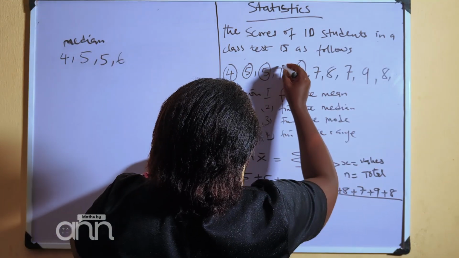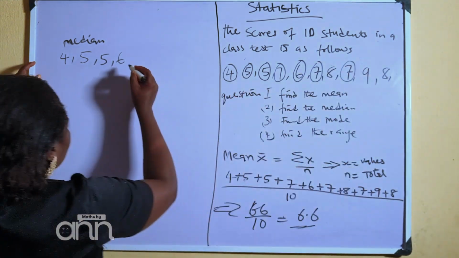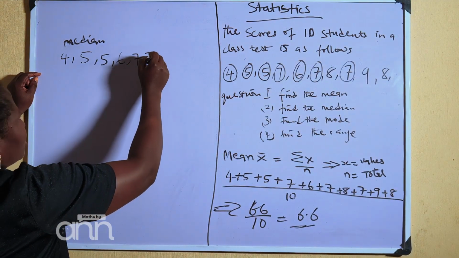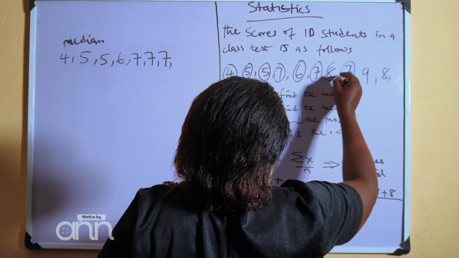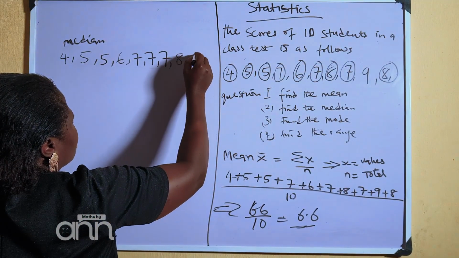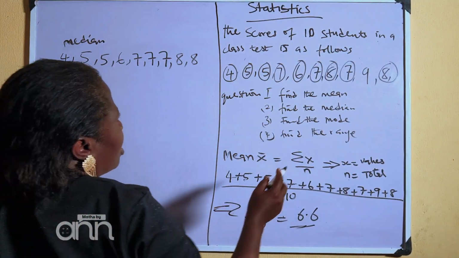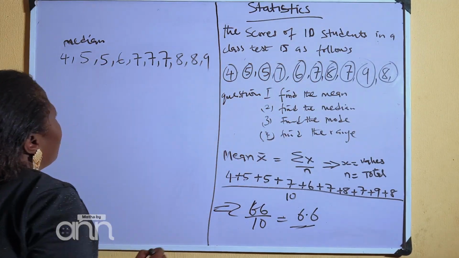Do we have 7? 1, 2, 3. We have 7, 7, 7. Do we have 8? 1, 2: 8, 8. Do we have 9? And that is the last number.